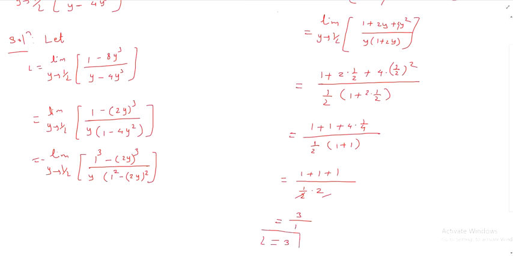Therefore our required limit is L is equal to 3, isn't it?